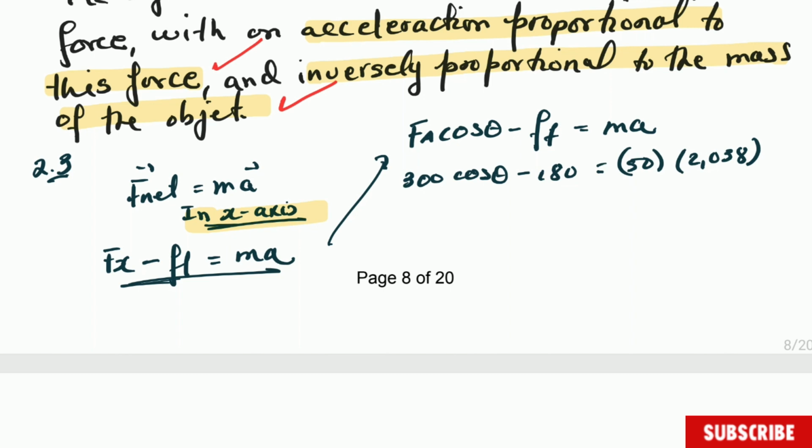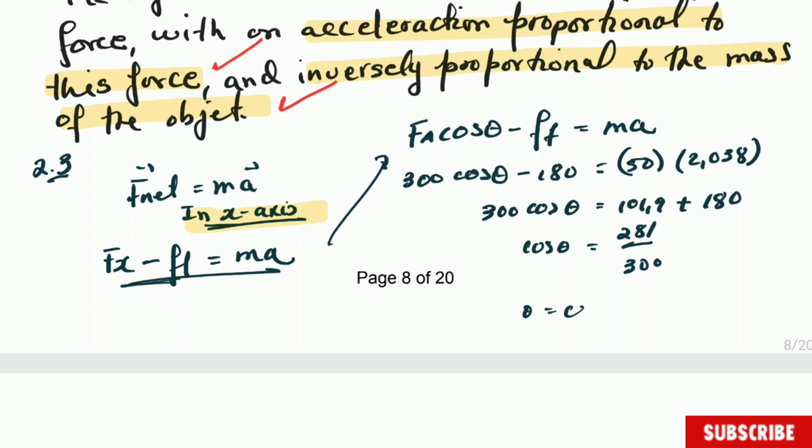There we go, and the rest is mathematics. And this is then 20,0 degrees. That is the answer here.